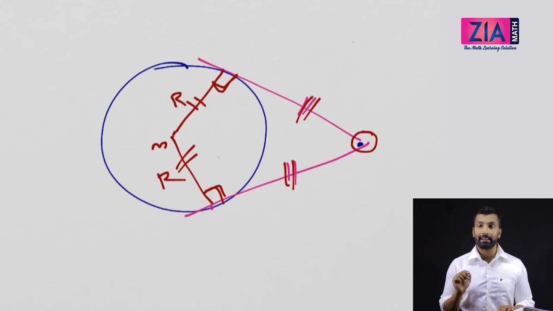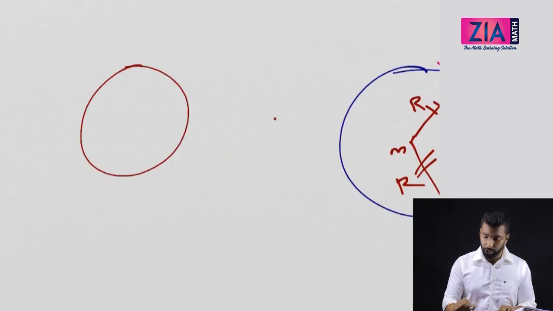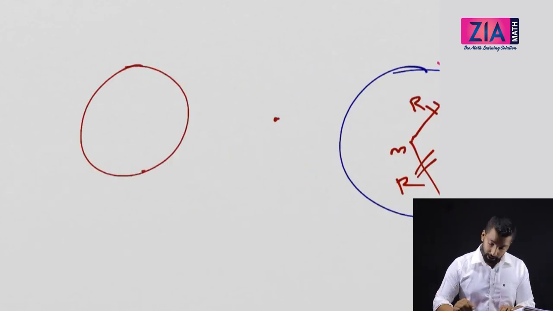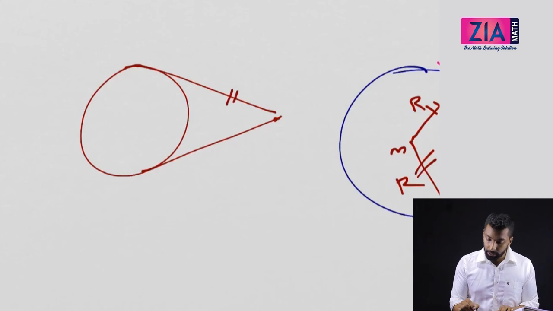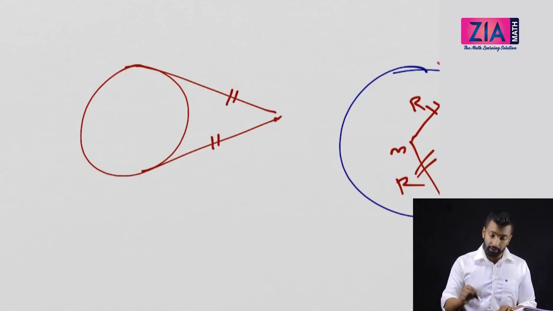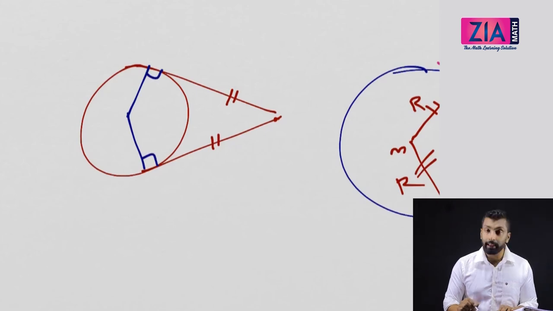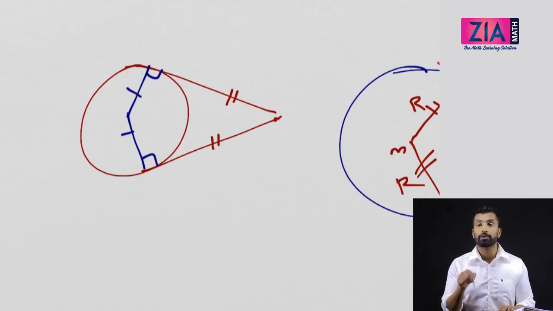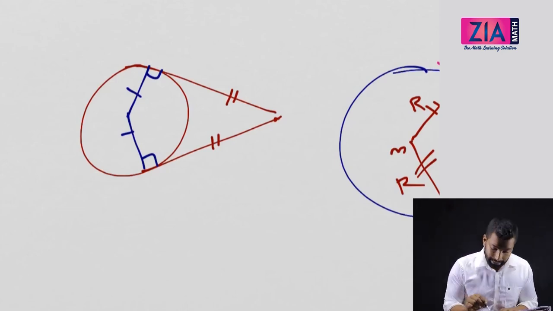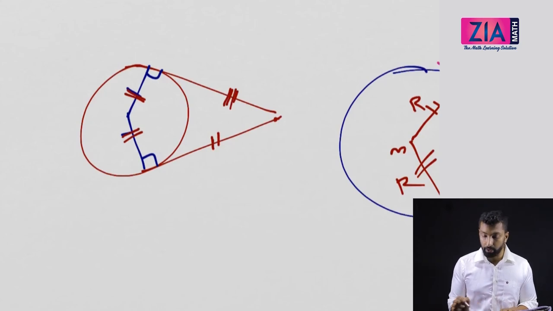Okay. So what you are getting here is actually a kite. What I started with was a point. If you remember, I told you to take an external point. Then join this, these two lengths will be equal. Then from the previous property, if you drop from the center, this will be 90. And these two will be equal because these two are the radius. Very, very useful property, keep in mind. So what you are getting is a kite, and adjacent sides are equal. These two and these two are equal.